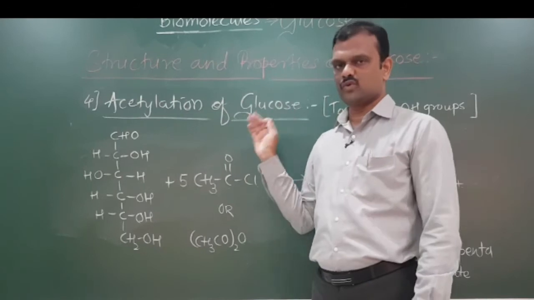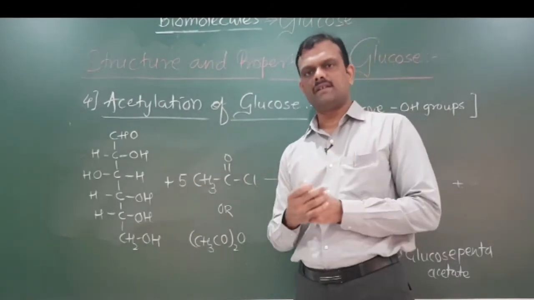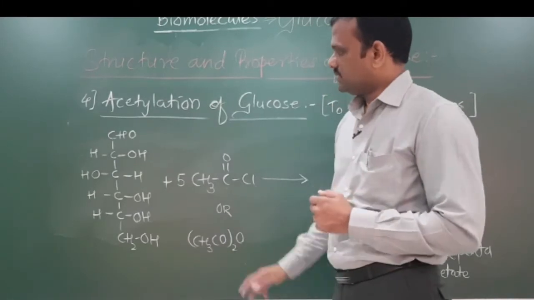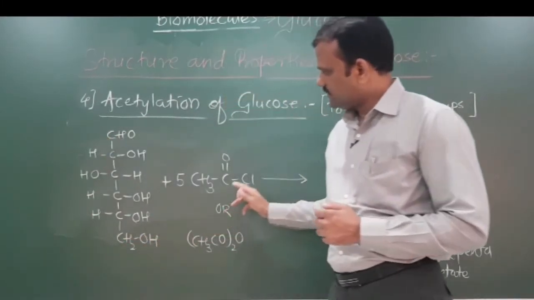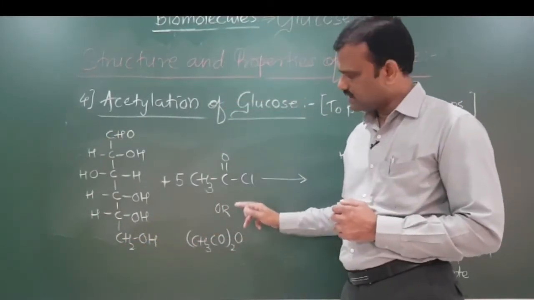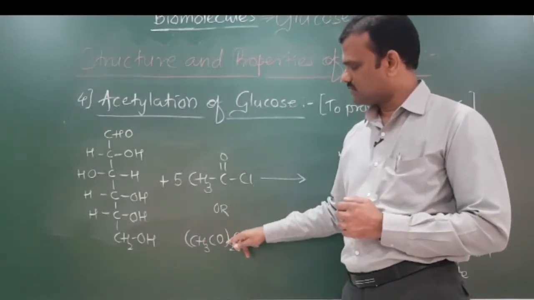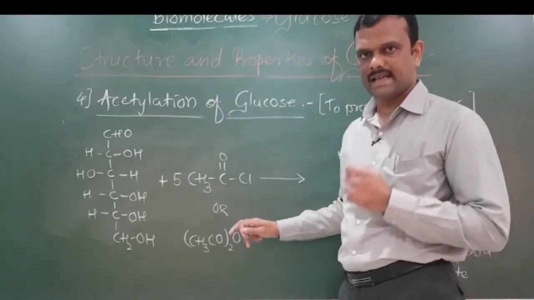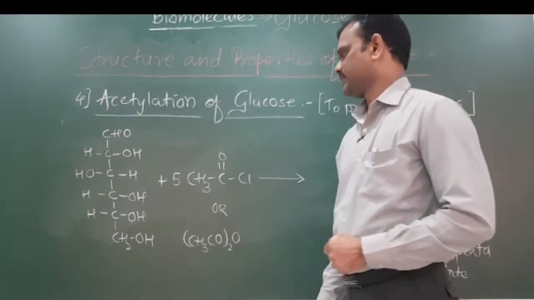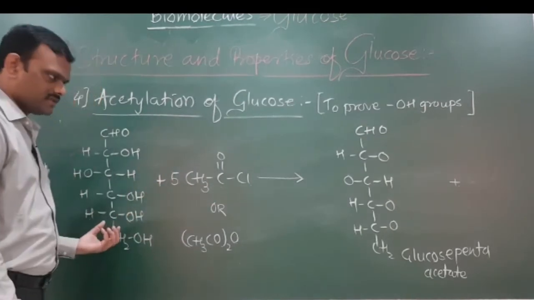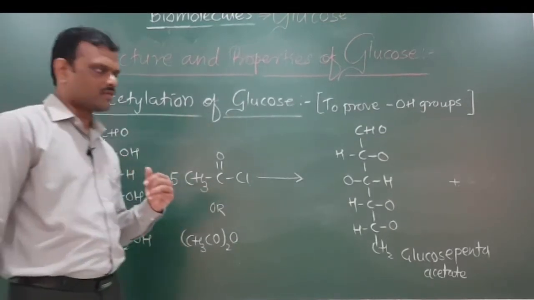Acetylation of glucose, particularly CH3CO group addition, is called acetylation. Now this glucose reacts with acetyl chloride, or you can use acetic anhydride, CH3C double bond O twice O, that is acetic anhydride. Now this acetic anhydride or acetyl chloride on reaction with glucose forms the product.